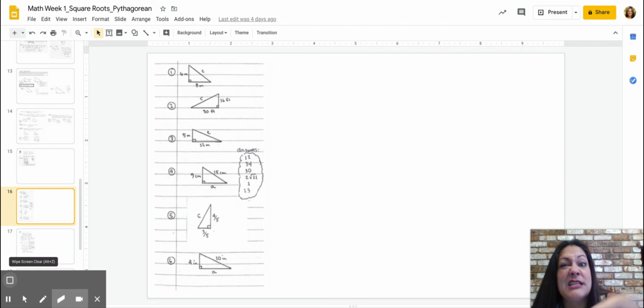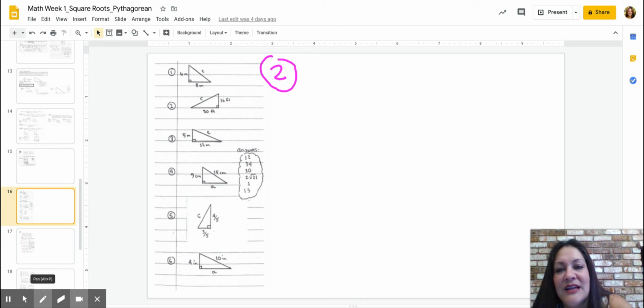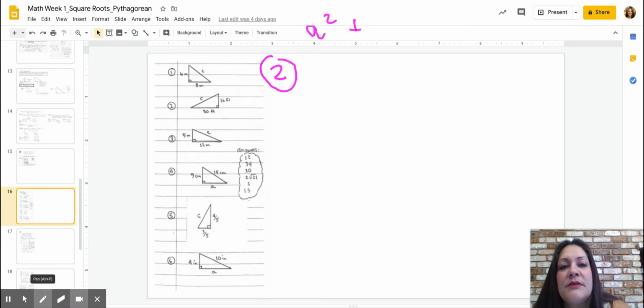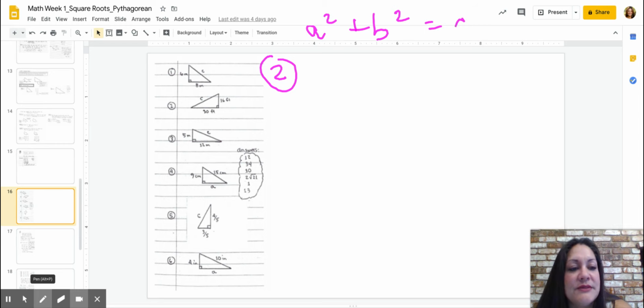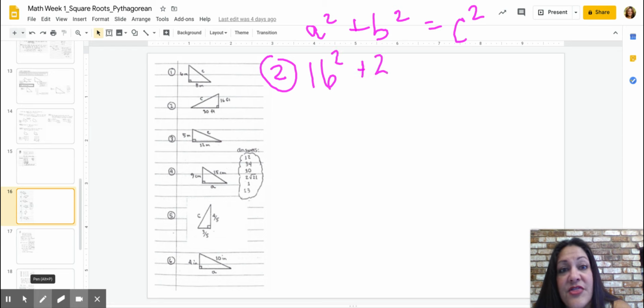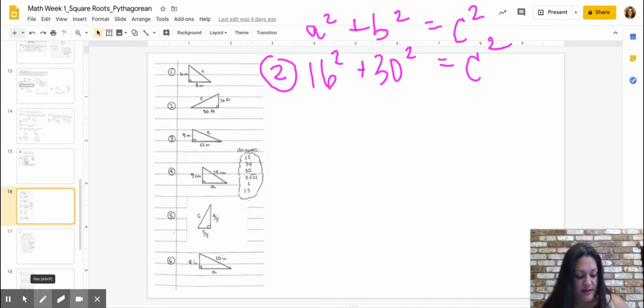I am just going to delete my whole page. That's okay. Number 2. Okay, so look, they're switching which side my right angle's on. No big deal. It's still the same equation: a squared plus b squared equals c squared. So 16 feet squared plus 30 feet squared equals c squared.